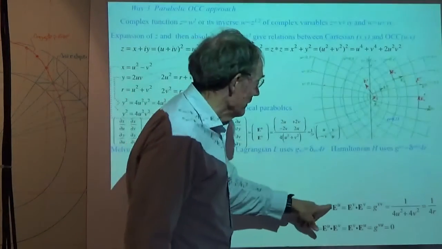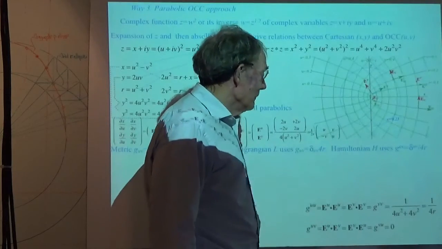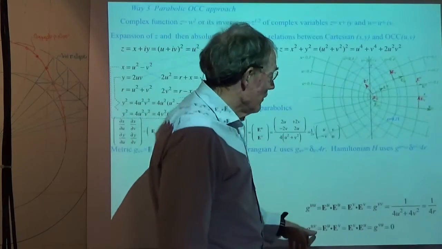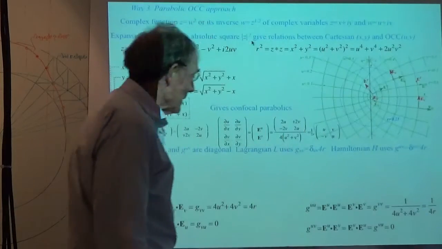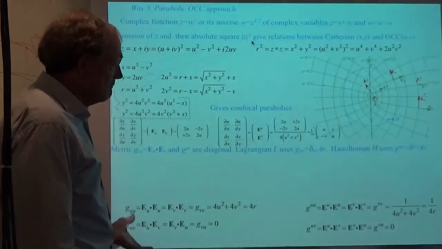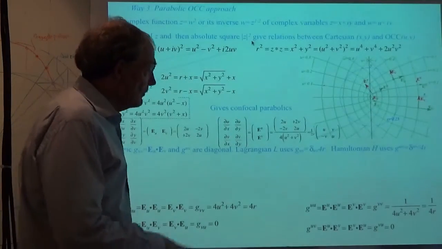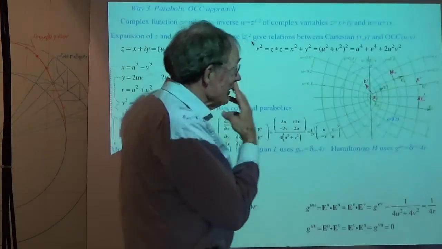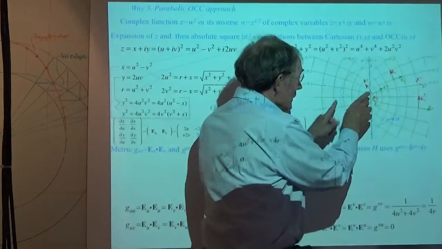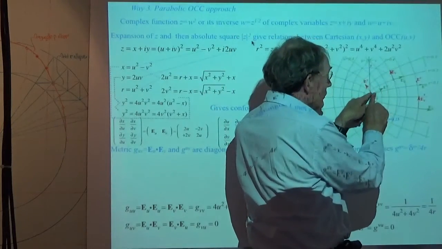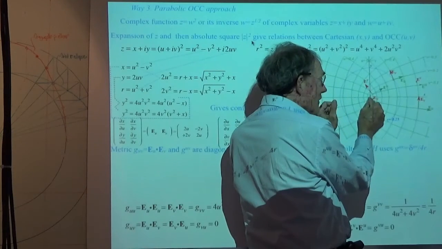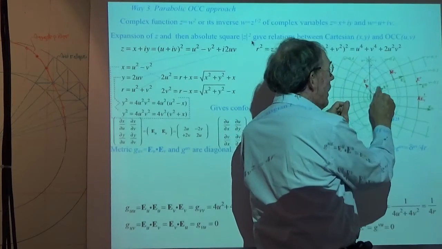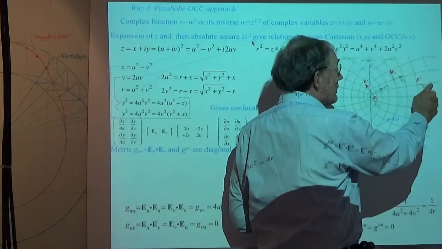Here's the contravariant scalar product being taken here, and all it comes out to be is 1 over 4r. Okay? So that is kind of neat to look at, because what you're seeing is the contravariant vectors getting bigger and bigger as I approach the singularity, and then falling off as I leave the singularity.